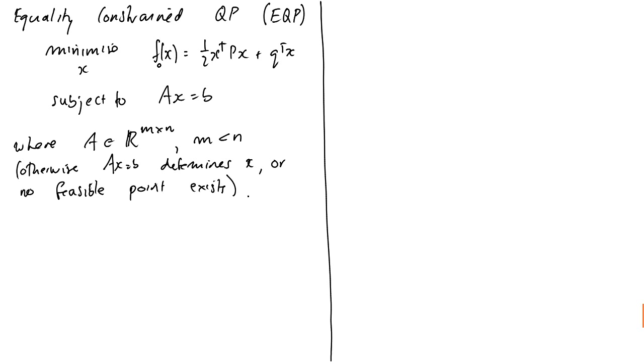In fact, before I said that, I should also say that, as usual, the rank of our matrix A equals m. Okay, it's full rank. We've got no redundant constraints in there.